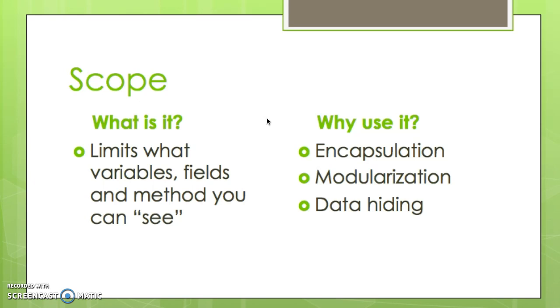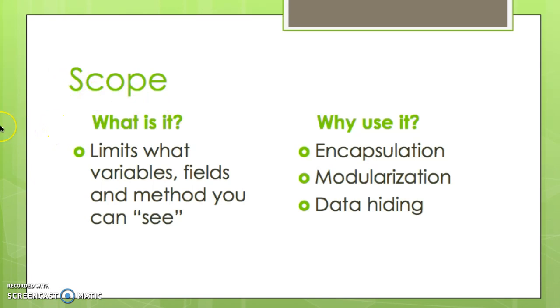Like we mentioned before, we can do encapsulation and data hiding. So if you're working with variables in your main function and you call a method, you can't see the variables that were in that main method. They would have to be specifically passed to our new method.